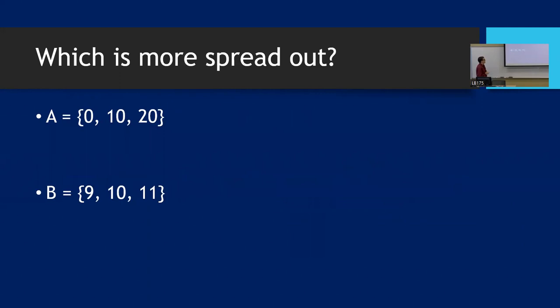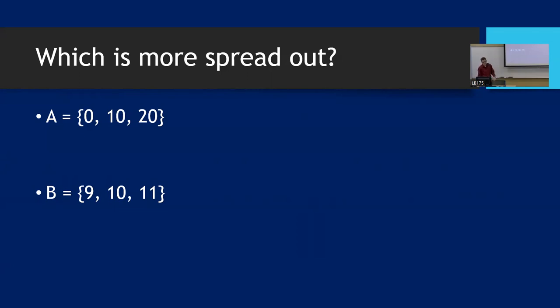If you look at two sets of numbers, we'll call them A and B, and I ask you which one is more spread out, it should be fairly obvious that A is more spread out than B. All of the numbers in B are closer. All of the numbers in A are more spread out.